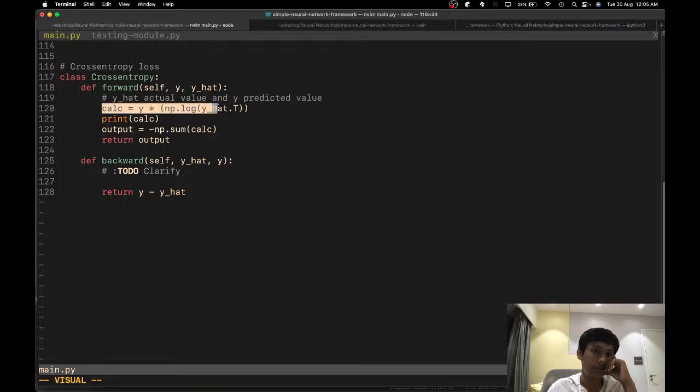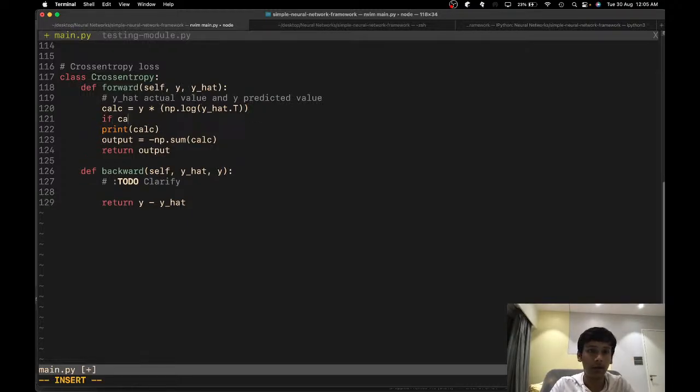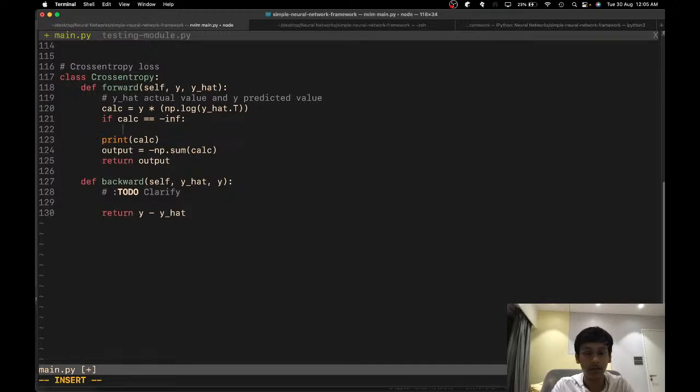Basically, I think one way I can deal with this is, if cal is equal to negative infinity, cal equals 0.